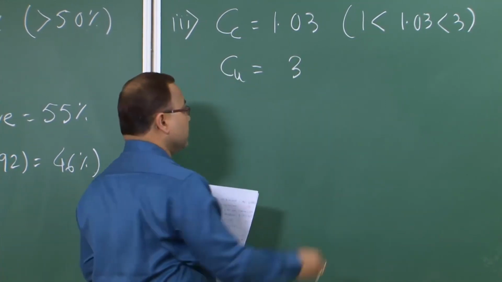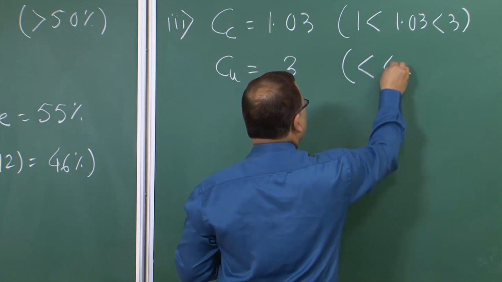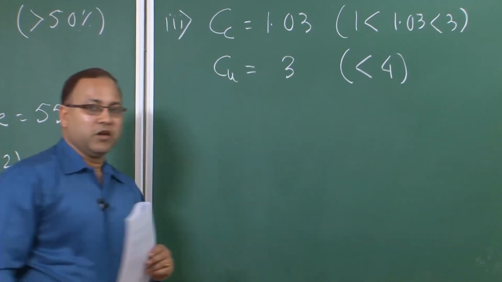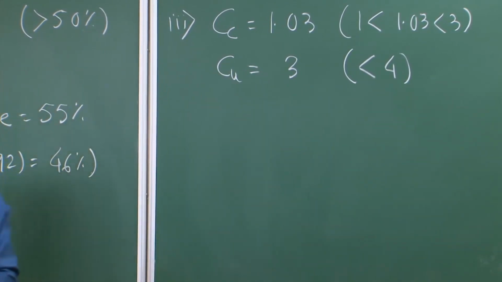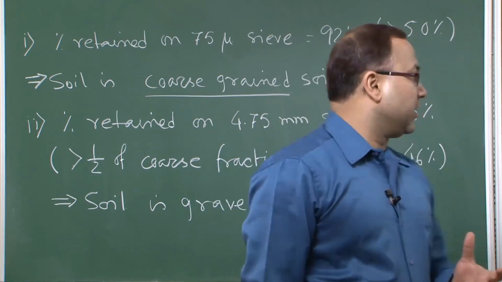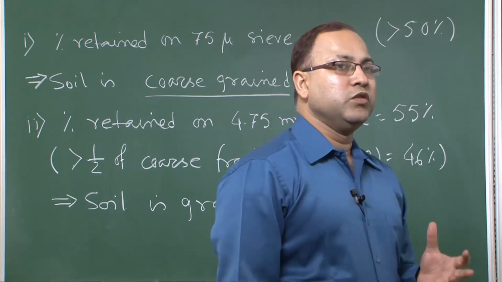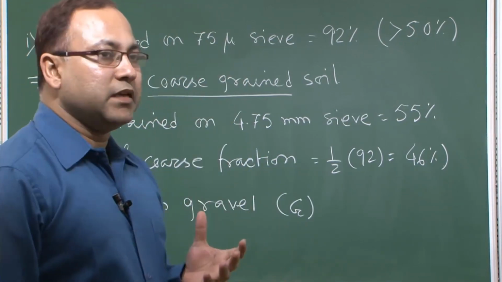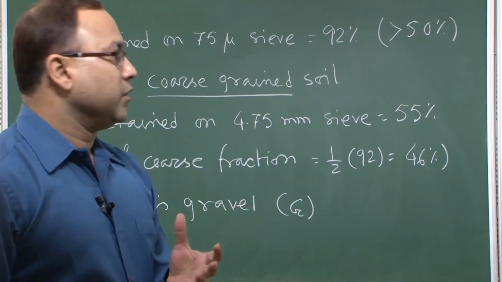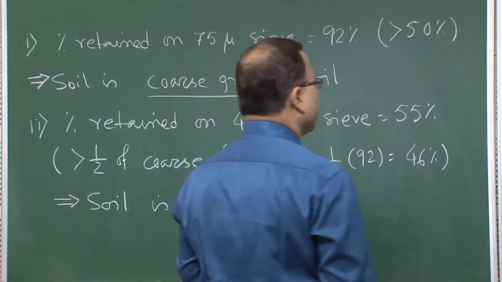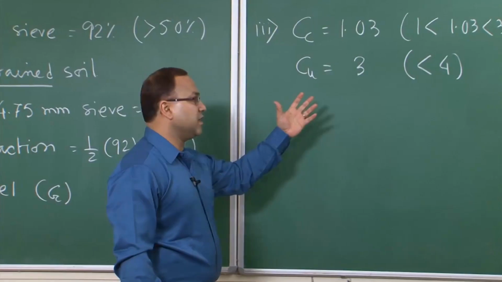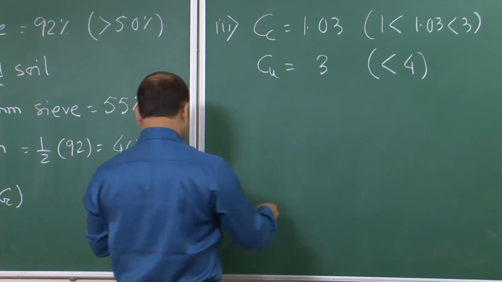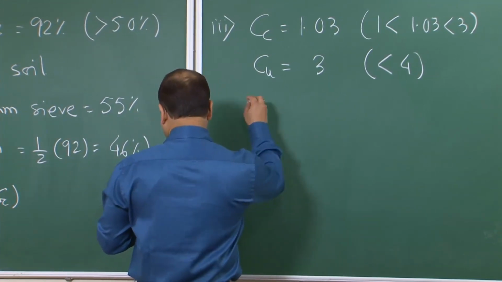But this is less than 4. So, if you recall, for getting well graded gravel, you need to have Cu greater than 4, and you need to get Cc in between 1 and 3. So, the second criterion is satisfied, whereas the first criterion is not getting satisfied. So, this gravel is poorly graded.